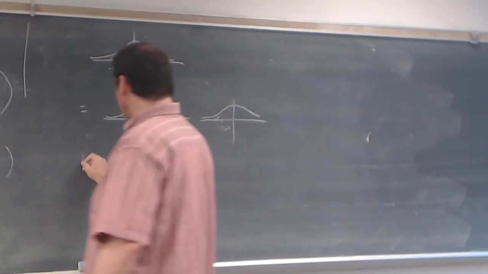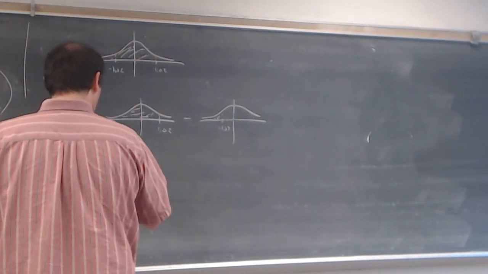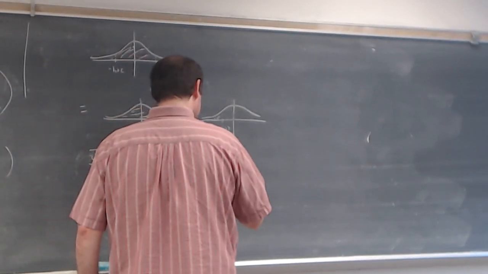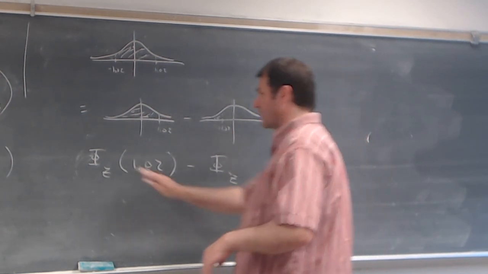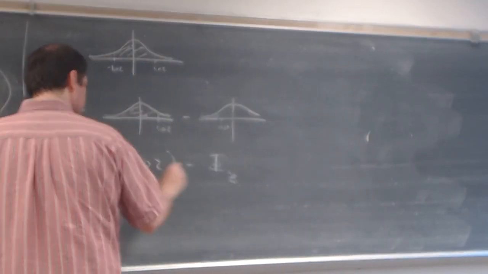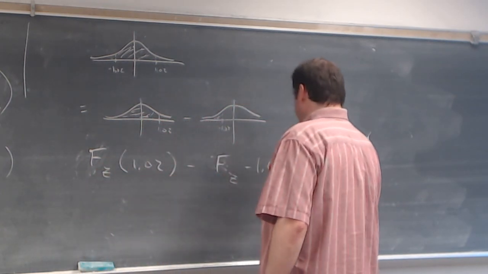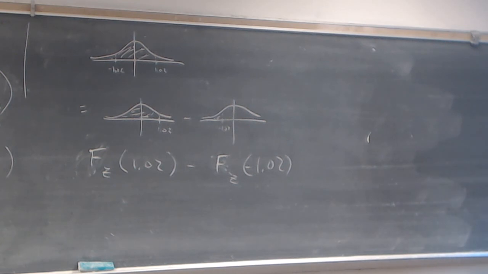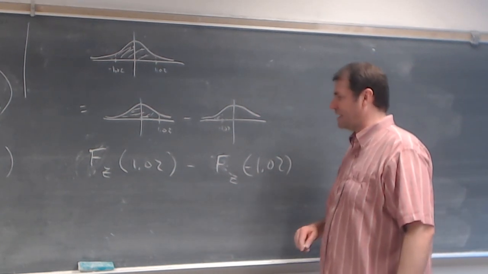But this would be phi sub Z of 1.02 minus, this would be phi sub Z, the standard normal CDF. Okay, that's what I mean by this. Let's write it as big F of minus 1.02. And I said we had charts that have calculated things like this. Our book has a chart that calculates the CDFs of these numbers, but it doesn't have it for negative ones.